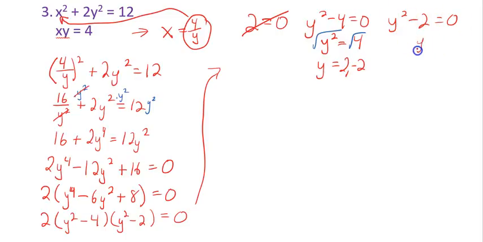And then over here I get y squared equals 2, and again, when I square root both sides, I need to think of the positive square root and the negative square root. I'm not going to get the decimals for these, I'm just going to leave them as square roots. What does this mean? This means I have 4 points. I know the y value at 4 different points. These graphs are intersecting at 4 different points.